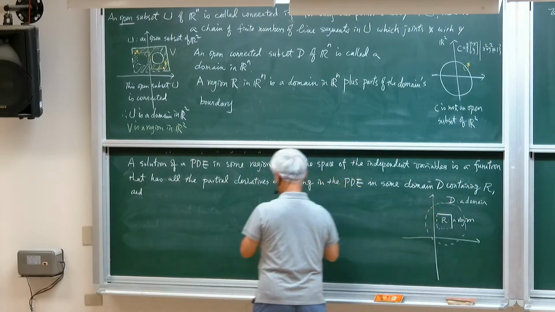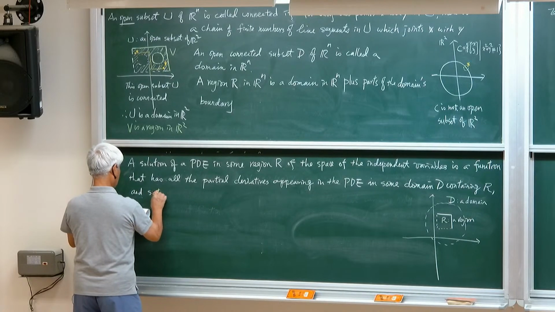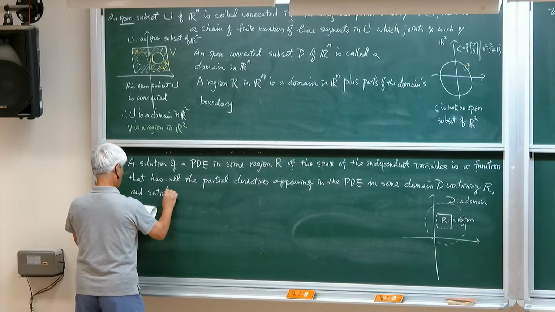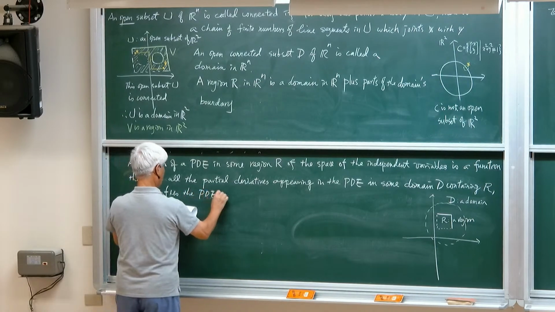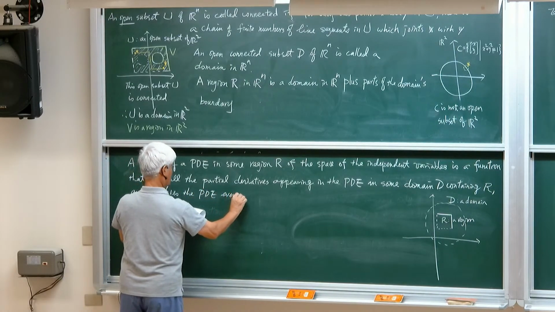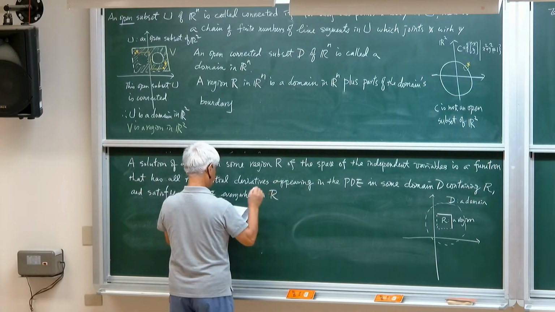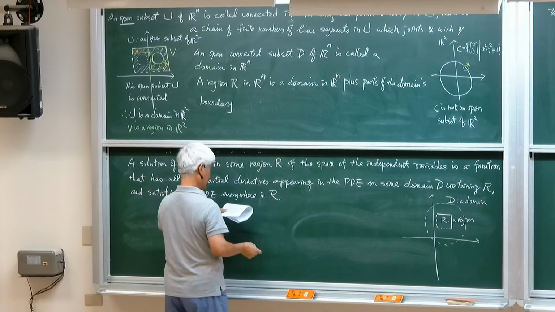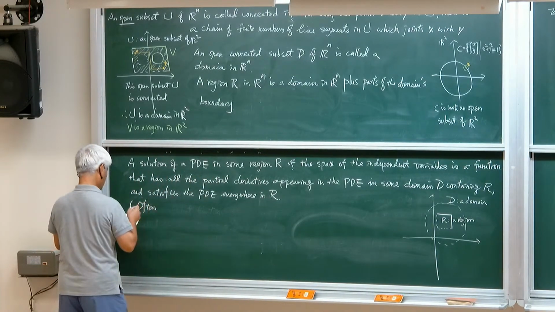So we want all the partial derivatives to appear in some domain D, and of course satisfy the PDE everywhere in the region R. But I have to make a remark.